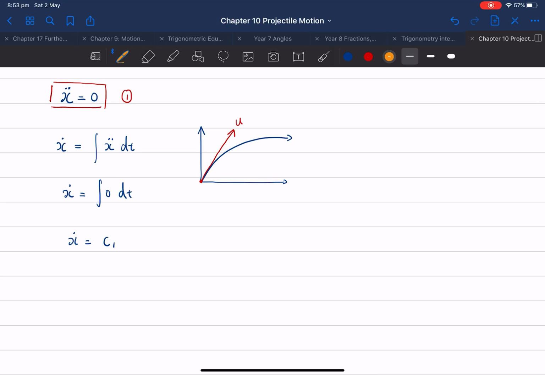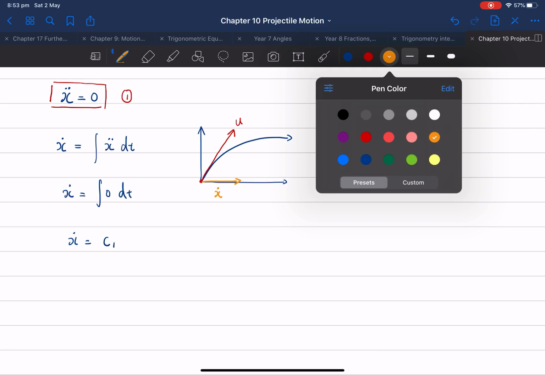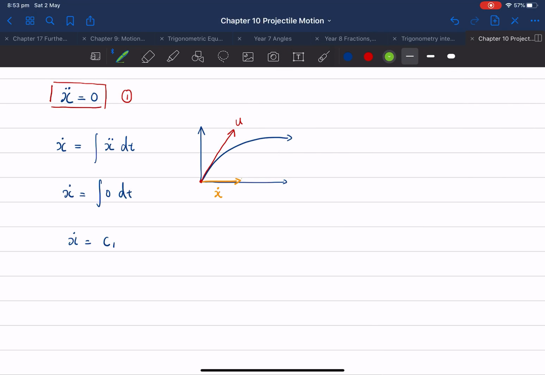It can be projected onto the horizontal or vertical axis. Horizontally it's going this way, to the right, and we call that x dot because that's the horizontal velocity. Then vertically we can break this down into the one that goes upwards, and we can call that y dot.